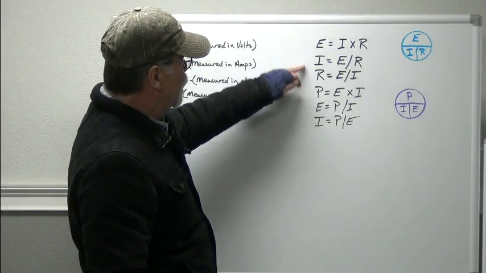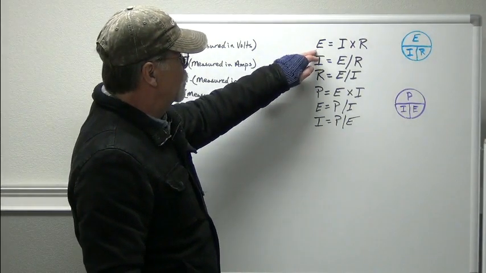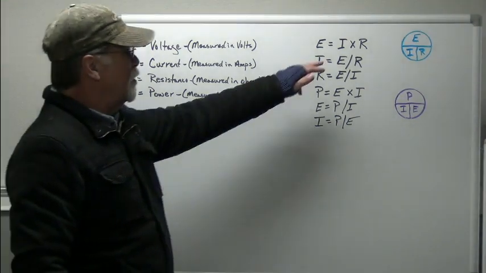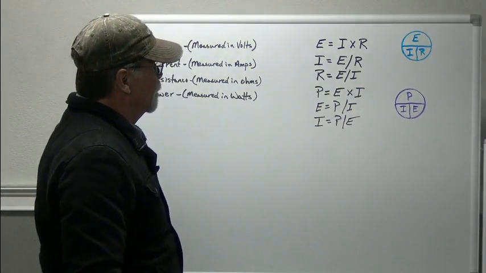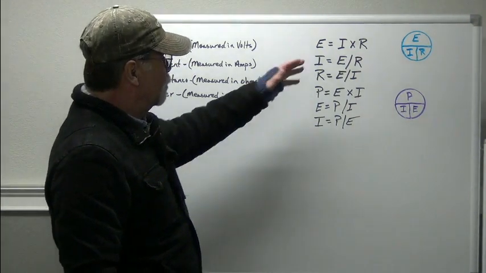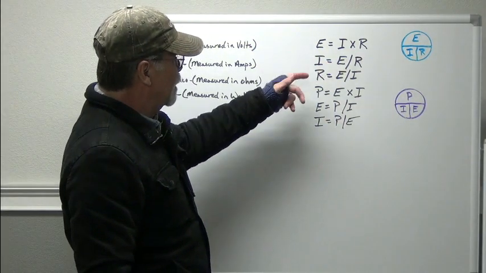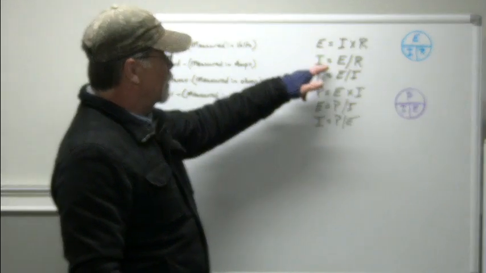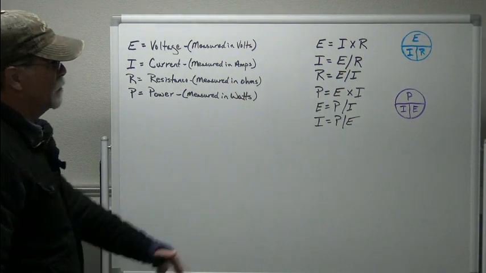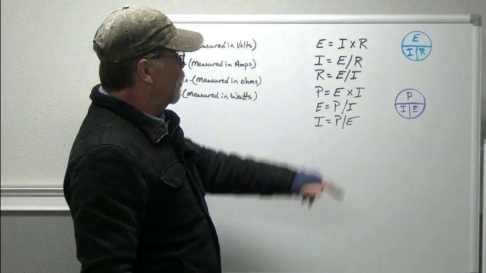So here are the equations. Volts is equal to the current times resistance. Basically with any of these, if you have two of them, you can figure the third. Current is equal to the voltage over the resistance. Resistance is the voltage over the current.